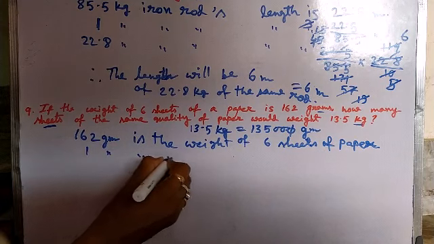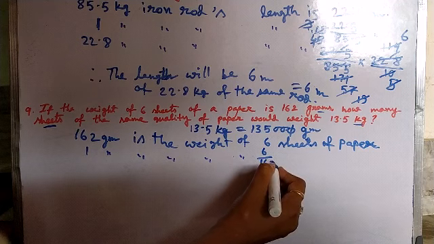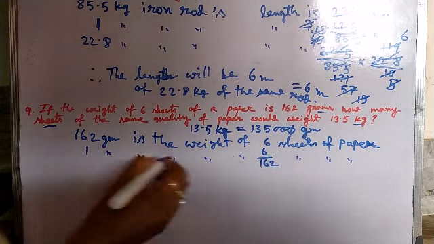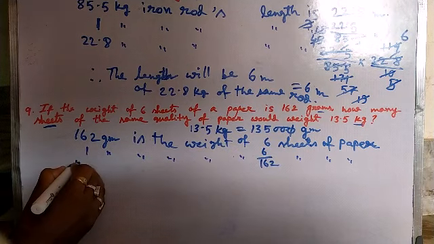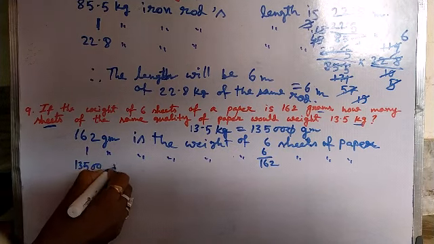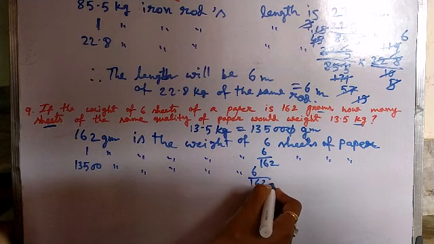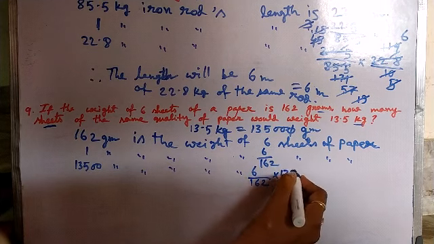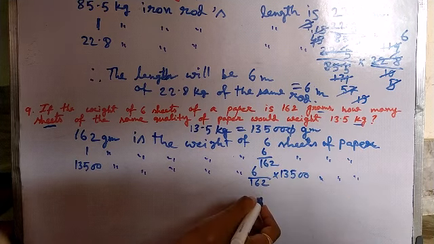So 1 gram is the weight of, obviously that will be lesser, that means 6 by 162 sheets of paper, and this one is 13500 gram is the weight of 6 by 162 into 13500 sheets of paper. Now it can be cut.